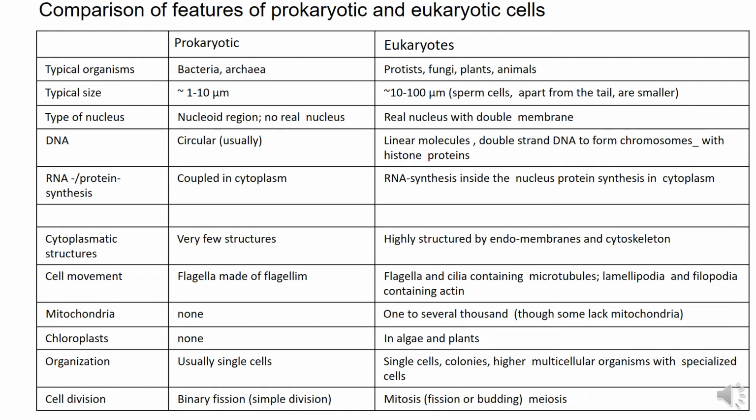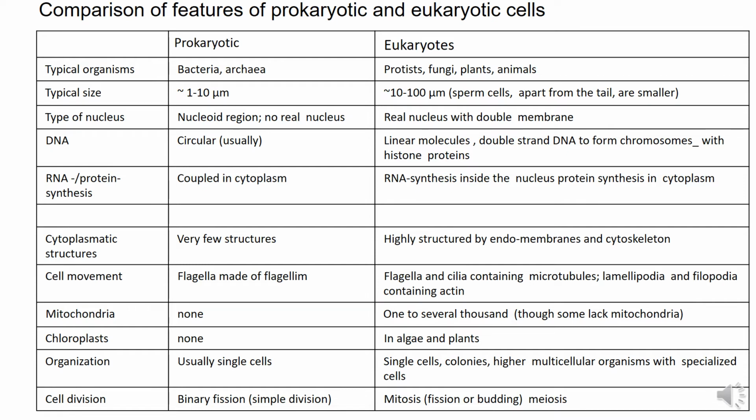Cell movement: flagella made of flagellin; in eukaryotes flagella and cilia containing microtubules and pseudopodia containing actin. Prokaryotic cells have no mitochondria, while eukaryotic cells have one to several thousand mitochondria, because mitochondria are the source of energy, ATP. Prokaryotes have no chloroplast, while algae and plants do.